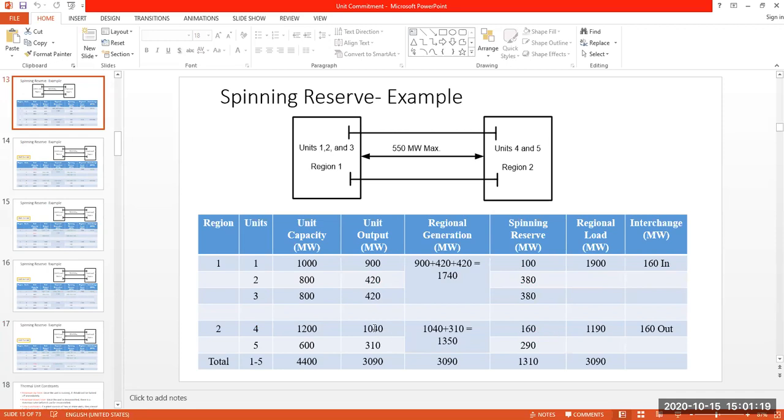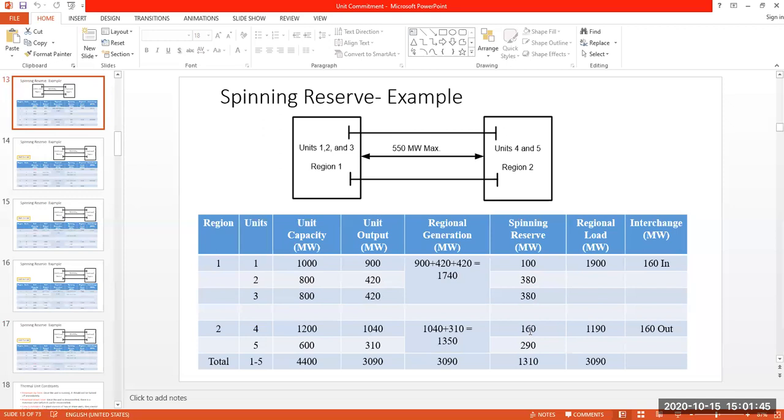Just 590, right? That means if you take up all the available spinning reserves, you get only 450, but you are trying to meet up the missing generation of 1040. So if you subtract the summation of these two from the missing generation, then you get the remaining generation required.